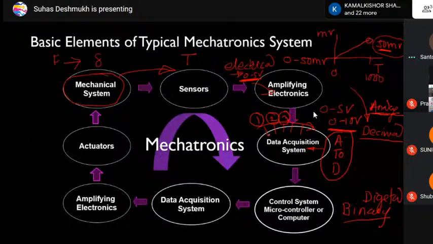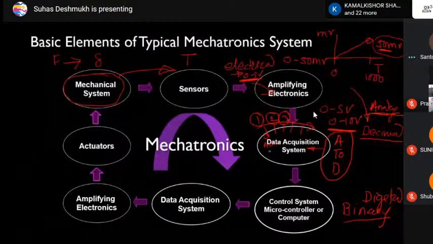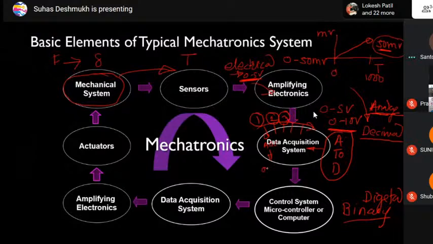You can have bigger data acquisition systems also. Each and every port will have one ADC attached to it, and that ADC converts that information into a binary language, that is 0, 1, 0, 0 something, and that is the bit accuracy you are looking for. And that is the way it works.